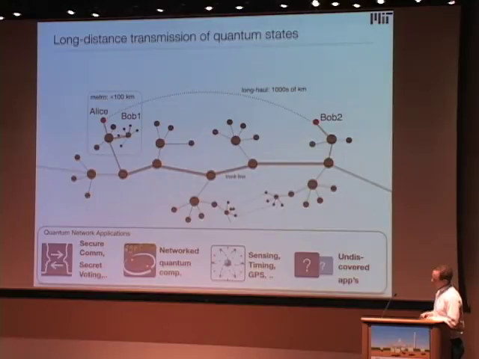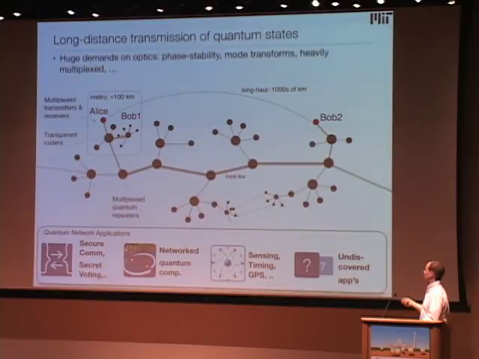So whether these links are in the metro scale network where you don't need repeaters, so distances less than 100 kilometers or so, maybe a few hundred kilometers, or if you're talking about long-haul links where you probably do need some form of quantum repeater to allow you to transmit states longer distances, you need to develop new types of optics, probably.